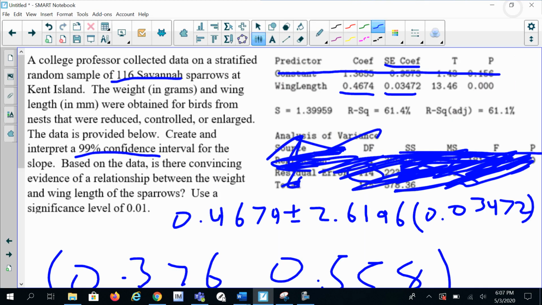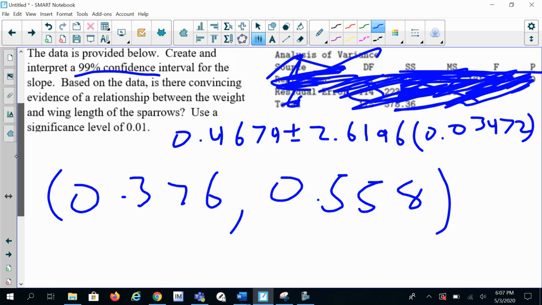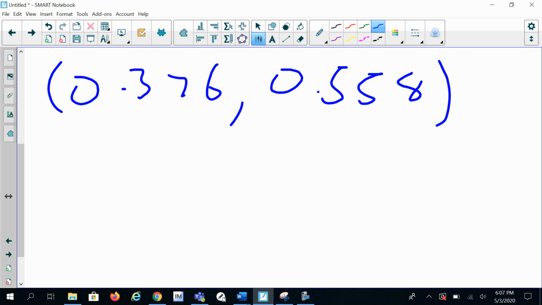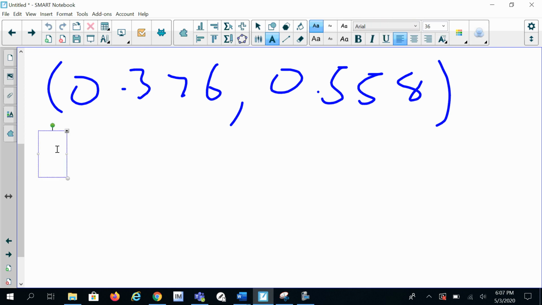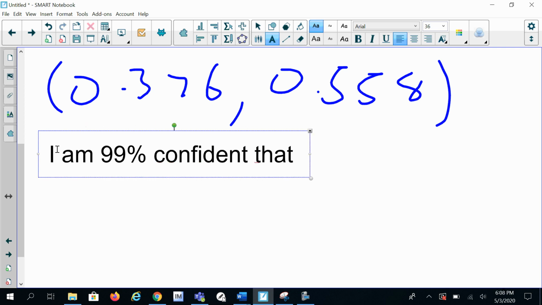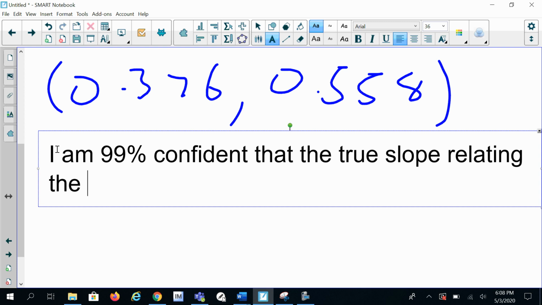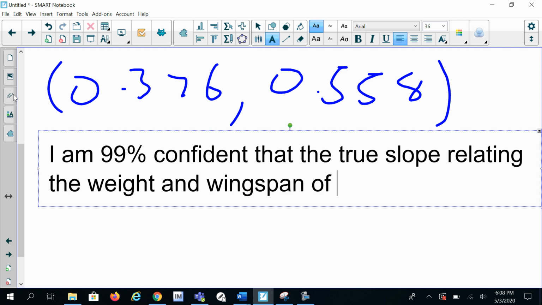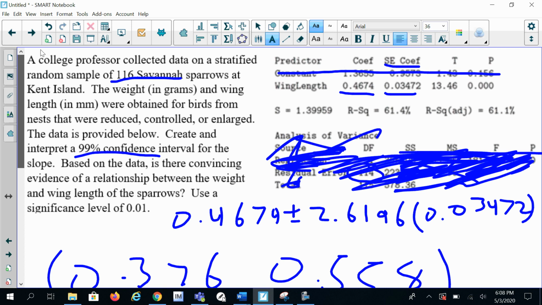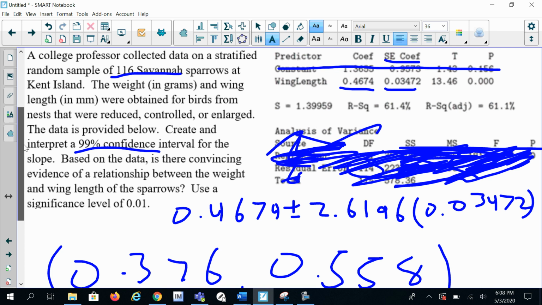Okay, so we're ready for our interpretation. So we would say I am 99% confident that the true slope relating the weight and wingspan of, specifically a type of bird, sparrows, Savannah sparrows.